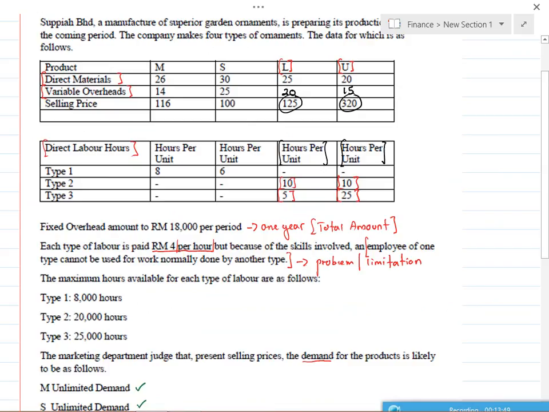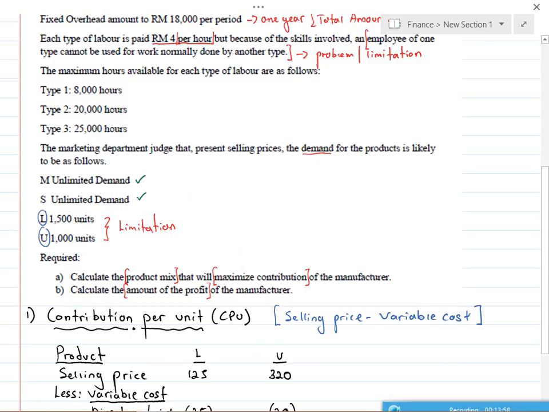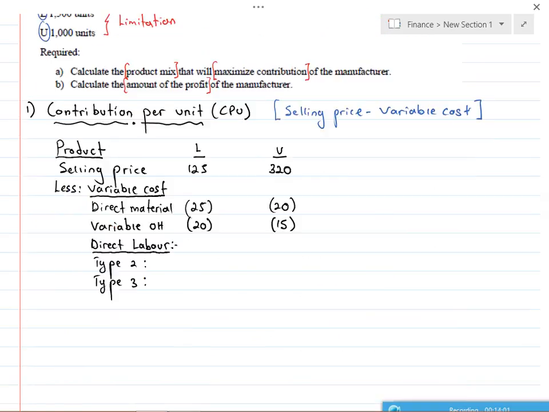Now, how much is the value? 4 per hour. So you have to show the working over here. RM4 times 10 hours, and over here also the same, RM4 times 10 hours.